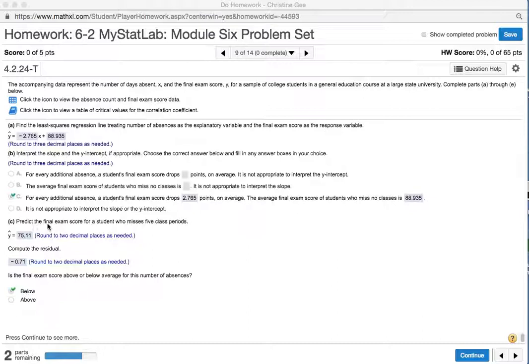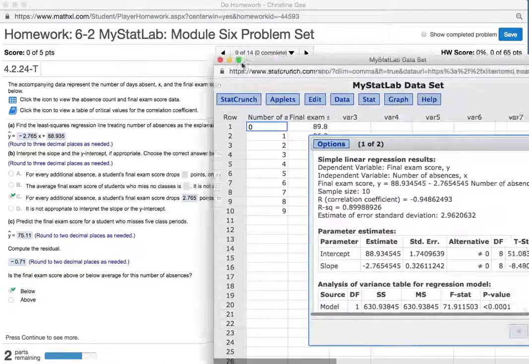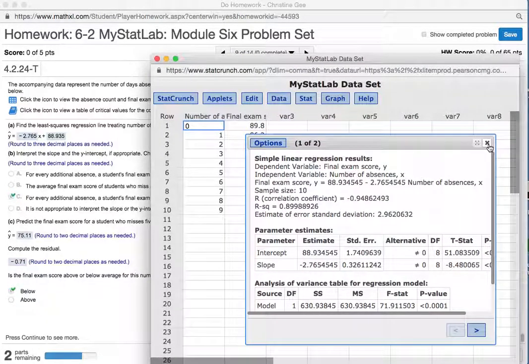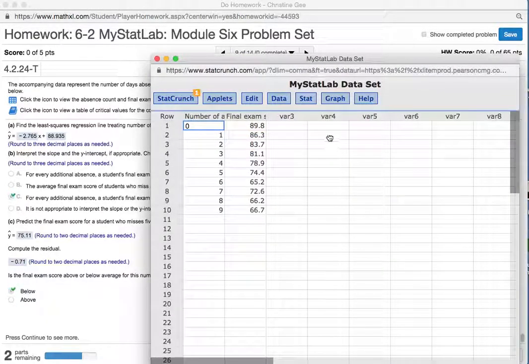And then we're asked to predict the final exam score for a student who misses 5 class periods. So we have this equation, and we're going to substitute 5 in for X, for the number of absences.